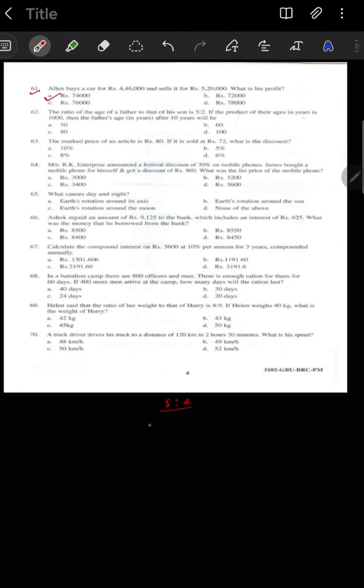So I'll consider the present age of father as 5x and son as 2x. And if you read the question, their product is 1000. It means 5x into 2x, their product is 1000. Then if you multiply 5 into 2, 10. Then x into x, x square is equal to, you'll get 1000 here.